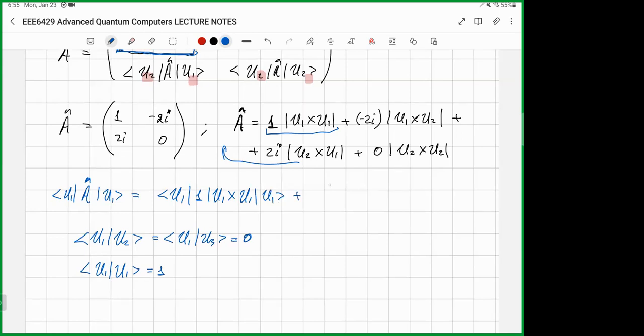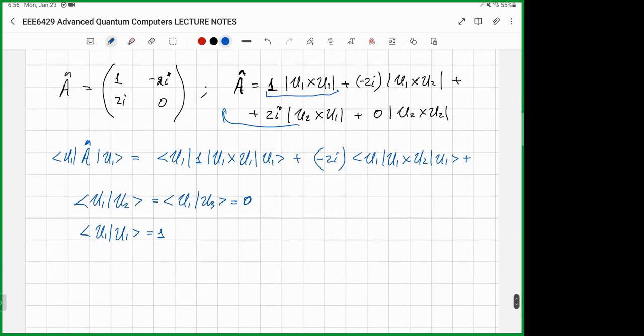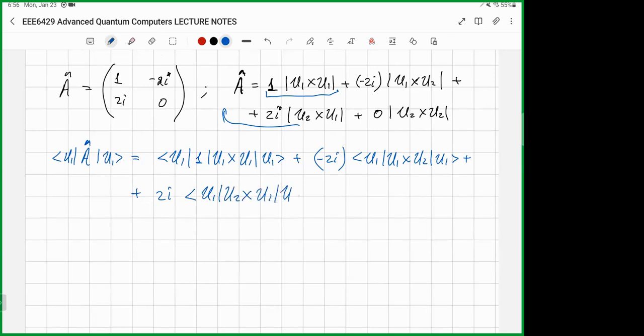Then plus minus 2i, u1 u1 u2 u1, plus, let me clean this up. Then the second one, 2i, and the vectors u1 u2, then u1 u1.